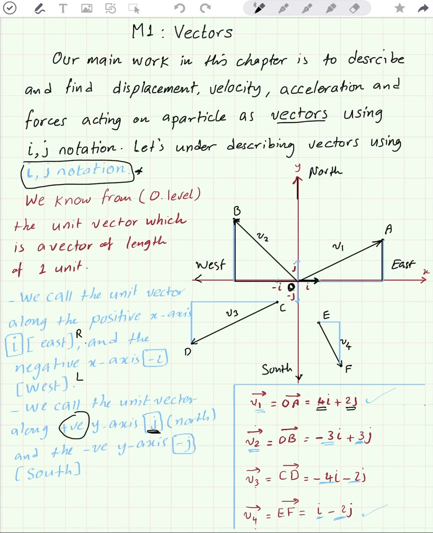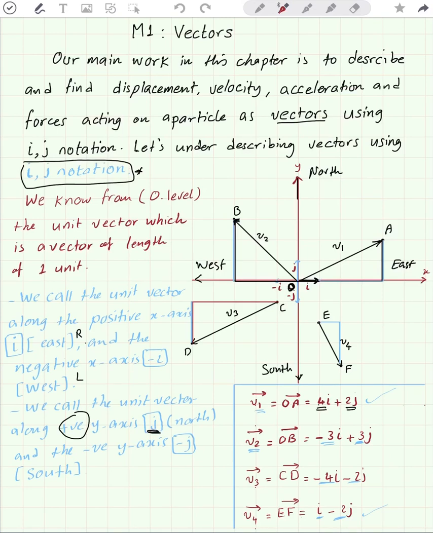The same for V3, you got the idea now. How many units do we go? Look, I'll do this in a different color, 1, 2, 3, 4 to the left, so it's negative 4I. Down, we went down 2, so it's negative 4I, negative 2J.